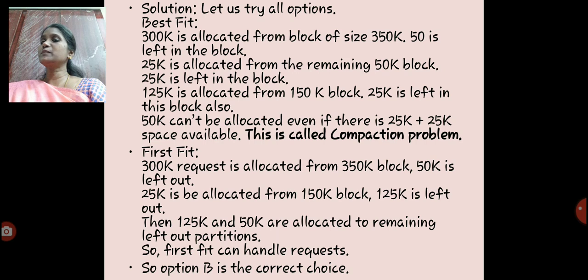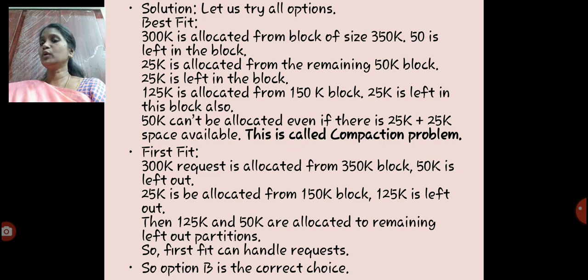So what about the next process? It is 125k. That 125k is allotted to the next block, which is of 150k. If 125k is accommodated in 150k, 25k will be left unused, right? So we have free space of 25k in the first partition and another 25k in the second partition.